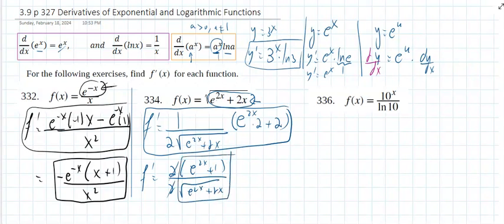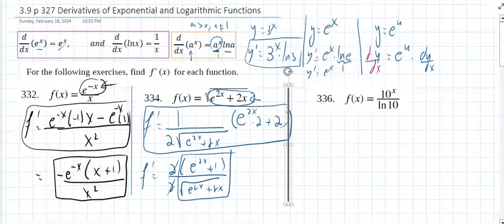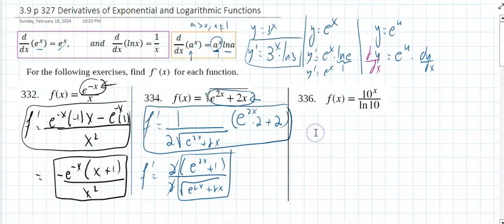Now, a good question would be, when do we apply the chain rule? You apply the chain rule on every single derivative you will ever take. You will never take a derivative and not apply the chain rule. It applies everywhere. Now, natural log of 10 is a constant.